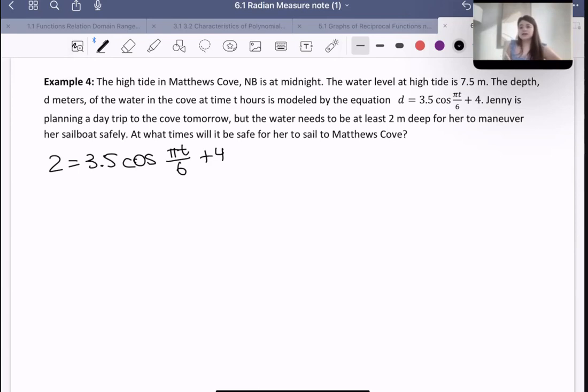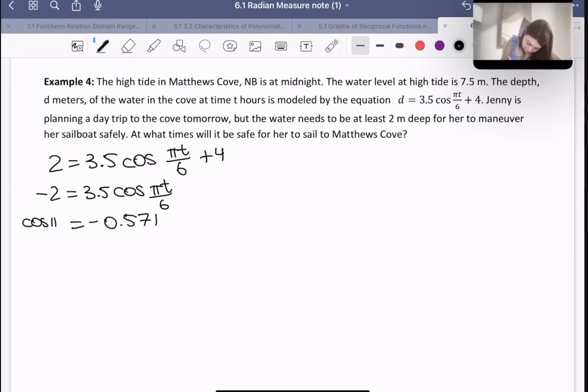First I'm going to subtract 4 from both sides, and I get negative 2 equals 3.5 cos pi t over 6. So negative 2 over 3.5 is 4 over 7, which is negative 0.571.